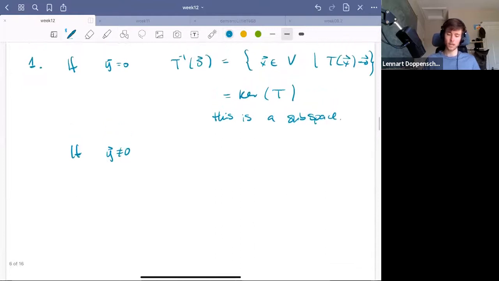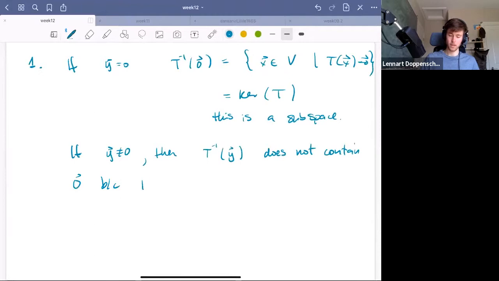So if Y is non-zero, then T inverse of Y does not contain 0, because T of 0 is 0 for all linear transformations.